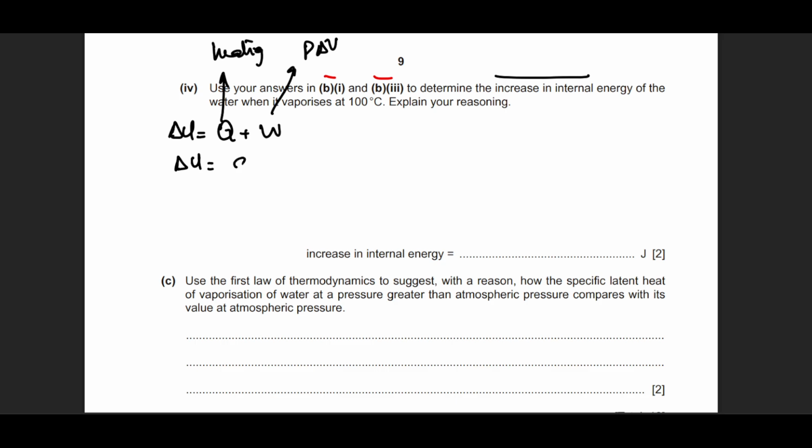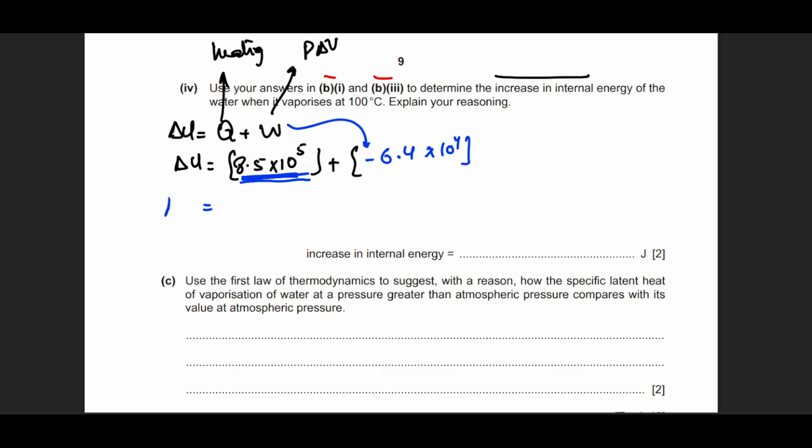So this will simply be 8.5 into 10 raised to power 5 plus, what happened with W? Did you compress it or did you expand it? So since it is expanding, why did it expand? Because you provided the thermal energy and allowed it to move freely. So that energy will be subtracted because it has been taken away from these reserves provided externally. So 6.4 into 10 raised to power 4. And of course, this comes as negative.